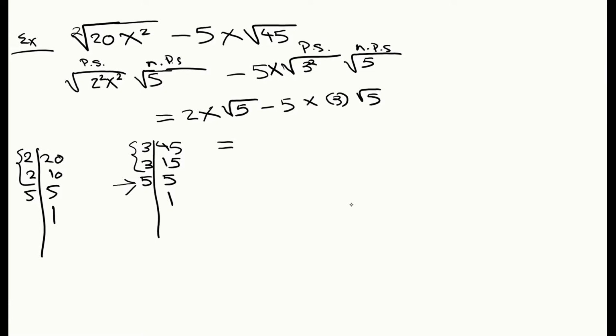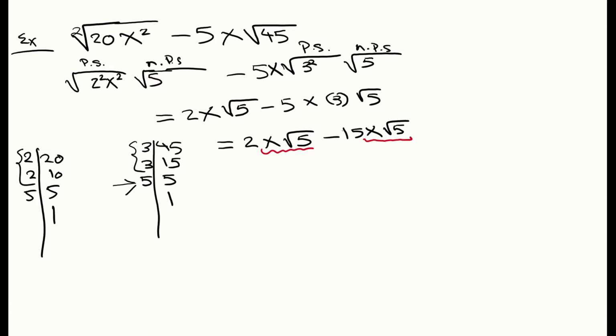Simplifying a bit further, we end up with 2x radical 5 minus, we can multiply the 5 and the 3 to get 15x radical 5.